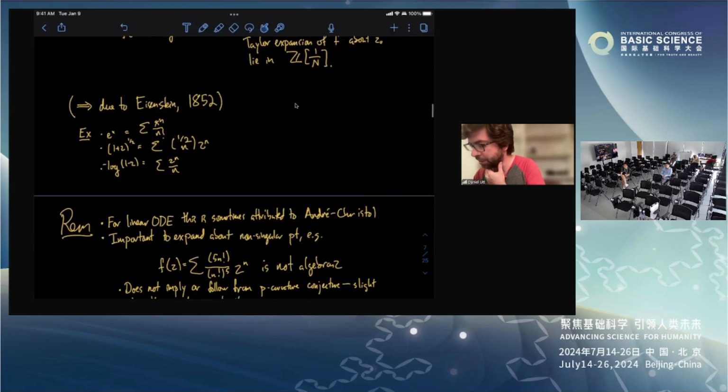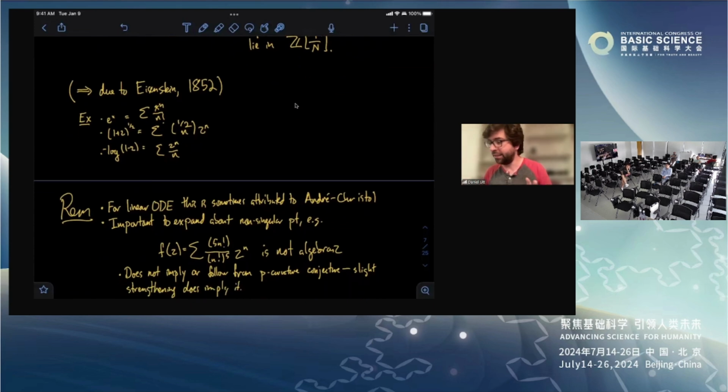Okay, so let me make some remarks about this conjecture. For linear ODE, I think this conjecture has appeared in the literature. I've seen it attributed to André and Christol, although I think the history maybe goes back a bit further.